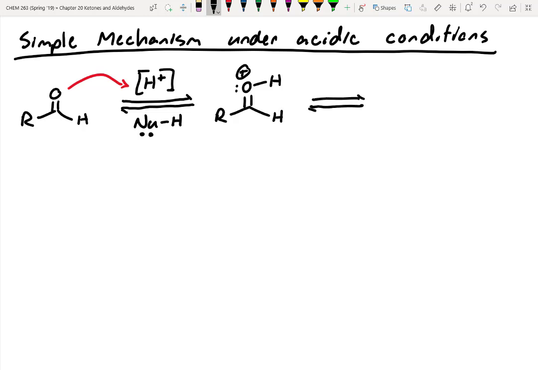We still have this nucleophile floating around. That could be an alcohol, it could be a thiol, something like that. And then in this next step, now the nucleophile can add in.